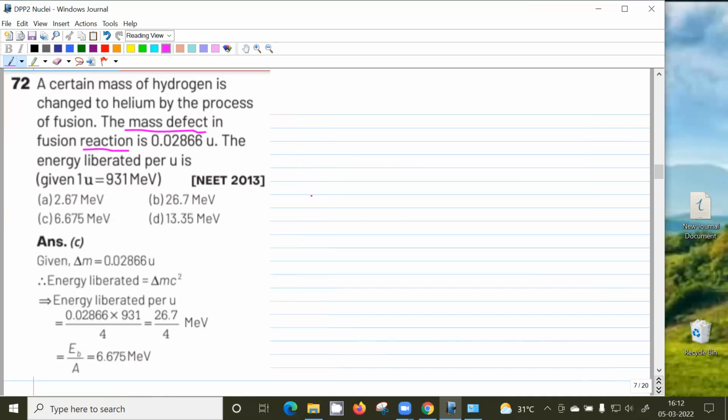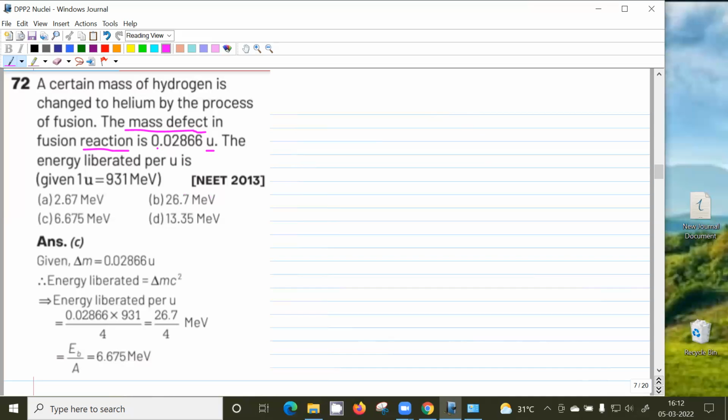Then what do you mean by per U? U is one atomic mass unit. AMU, the symbol is U, like centimeter, the symbol is cm. So one AMU, the symbol is U.